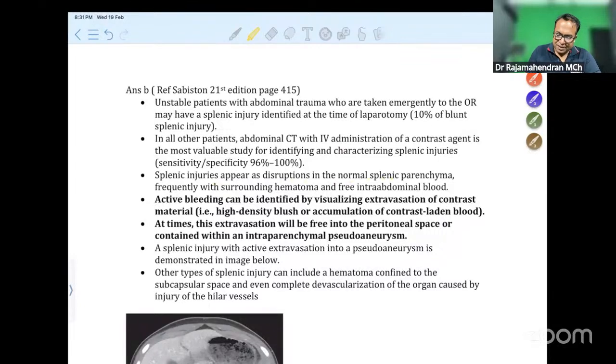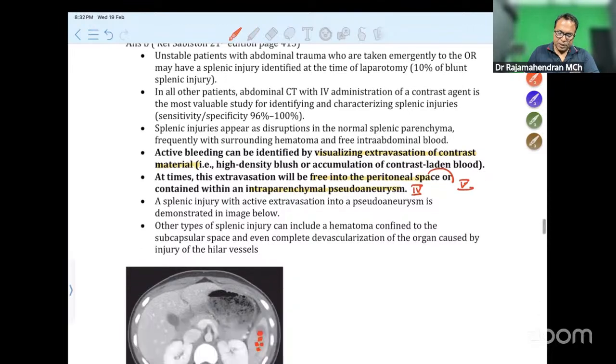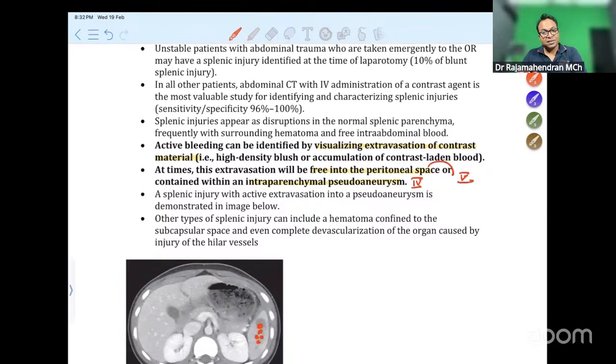Splenic injury appears as disruptions in the normal parenchyma. Active bleeding can be identified by visualizing extravasation of contrast material, at times free into the peritoneal space or within the intraparenchyma as pseudoaneurysm. This is grade 4 and peritoneal space is grade 5.